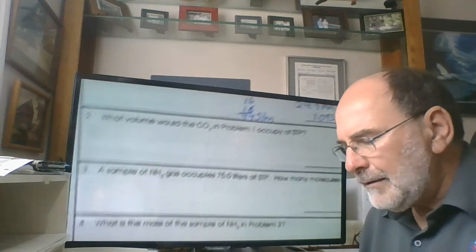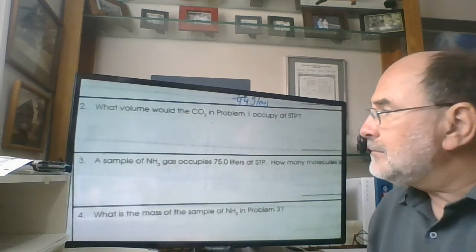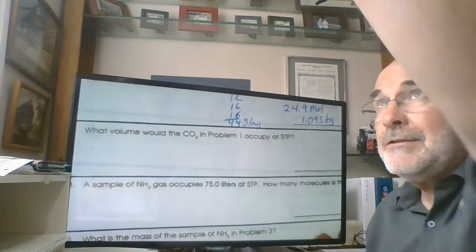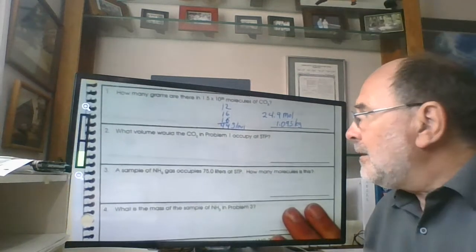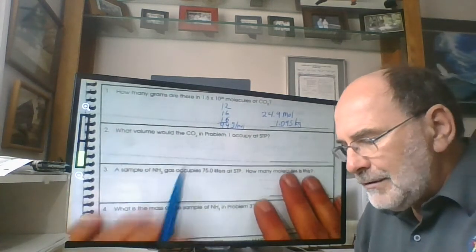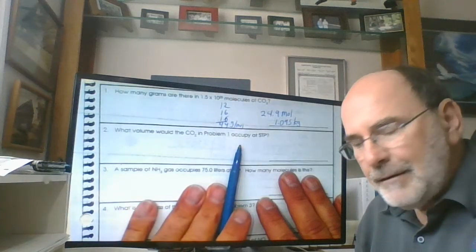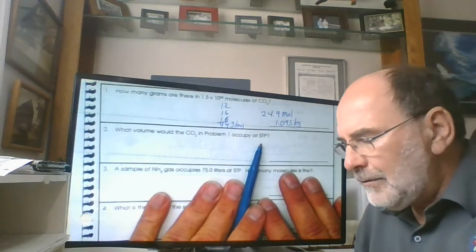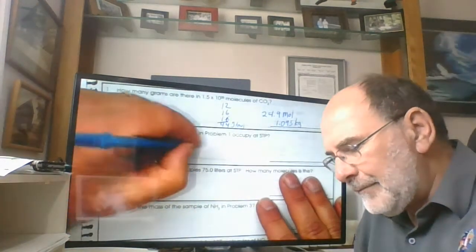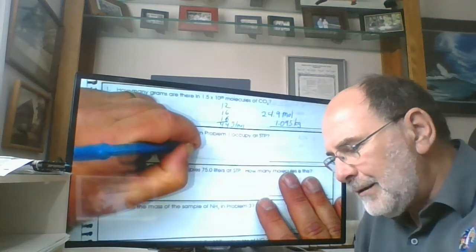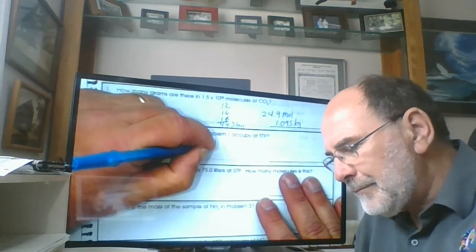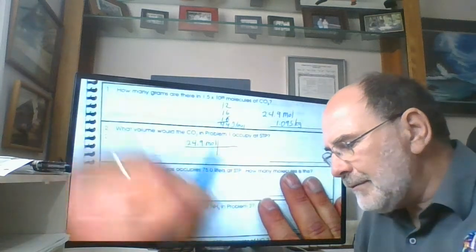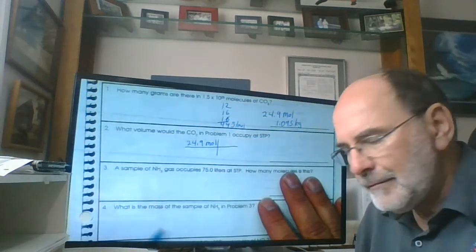All right. Now, the volume is a problem you can now do. Instead of skipping it, problem 2 was, what volume would this carbon dioxide occupy at standard temperature and pressure? Well, ta-da, now we can do that. 24.9 moles, and the mass of it doesn't matter.